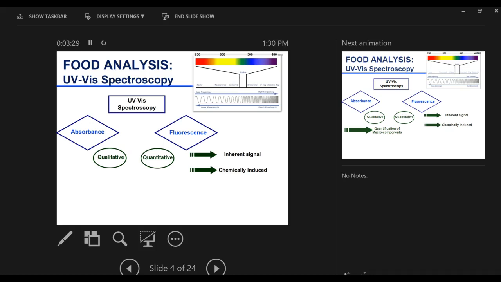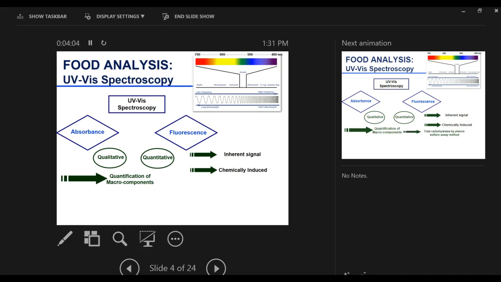So you either have an inherent signal, that means your compound is naturally a chromophore, so you can measure absorption in the UV or visible, or it fluoresces naturally, and you don't have to do anything about it. Or it does not absorb or emit light. Sugars are not a chromophore, so you have to do something about it. You have to chemically induce the phenomenon of absorption or interaction of light.